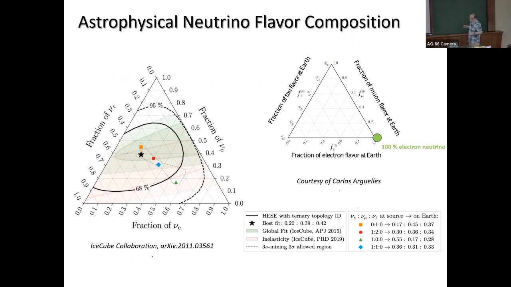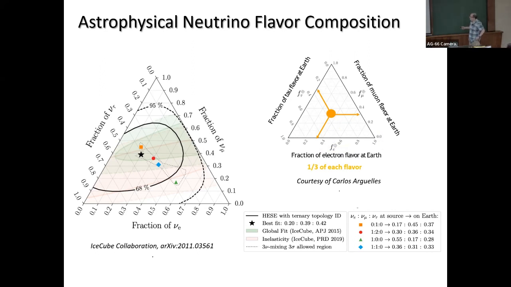Mu neutrino is above, and this one is 100% tau neutrino. This is in order to understand. You can revise it later, of course, carefully. If you have 1/3 for each flavor, you are going to have the point here.